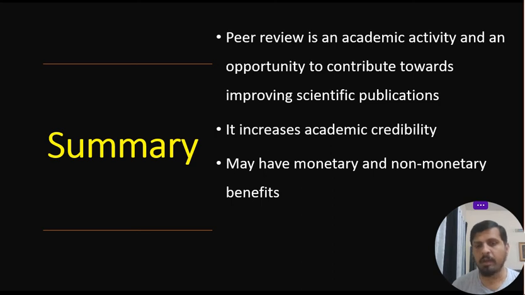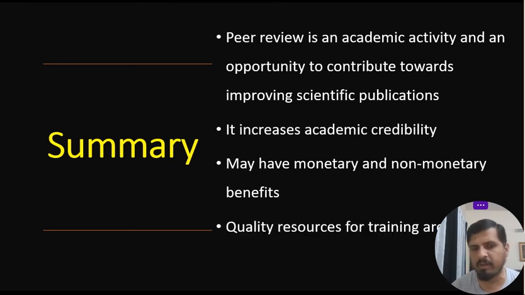It might have some monetary and non-monetary benefits that I told you. It might be monetary compensation, a reduction in APCs, or maybe a gift card voucher and stuff like that. So please do go and explore and have fun while doing peer review. And there are many quality resources available for good training in becoming a good peer reviewer. So I would strongly encourage all of my participants to please train for peer review and then apply as a peer reviewer.